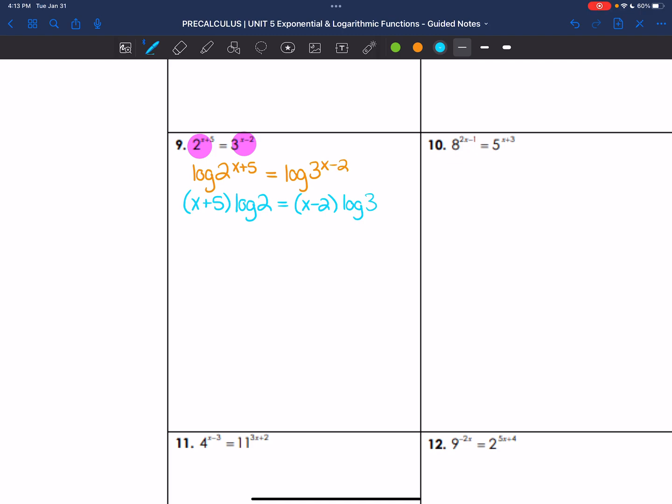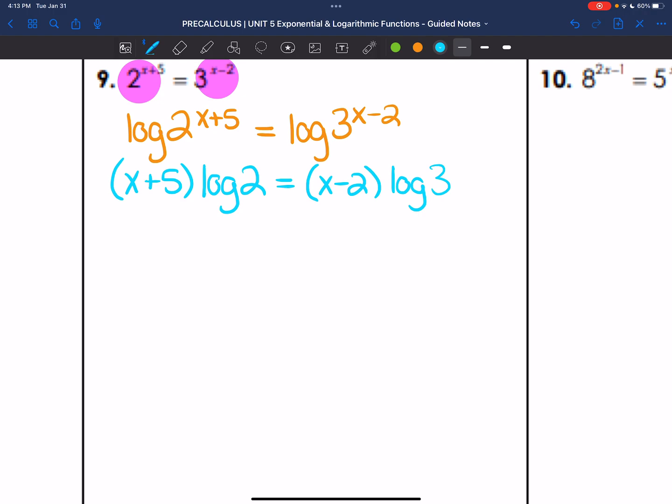So write nice and small so that you can get this to fit. We're going to multiply that x with the log 2 and add to that the 5 times the log 2. On the other side, x times log 3, and then subtract 2 times log 3.